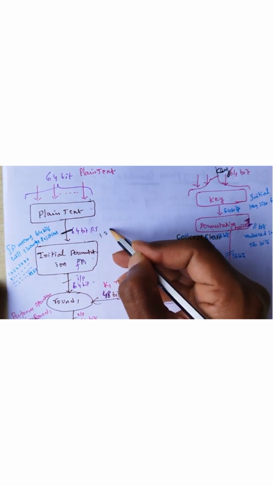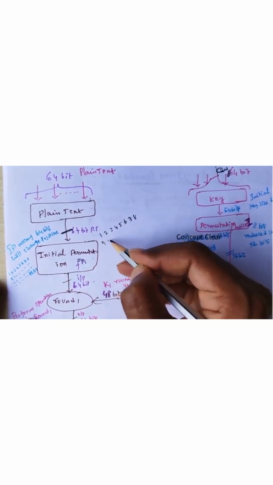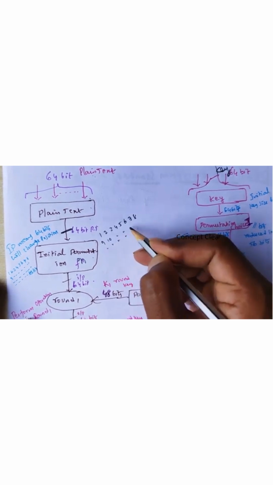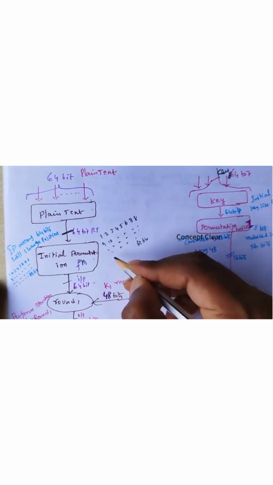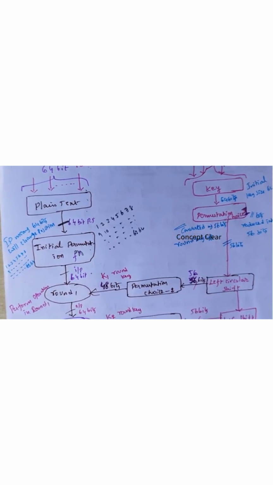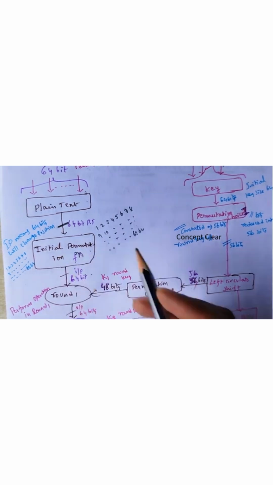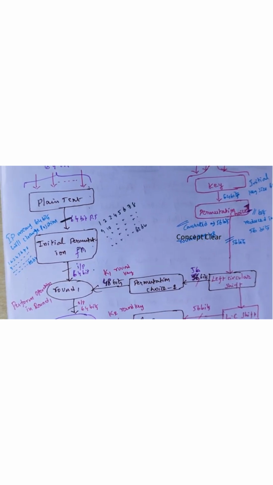For example, bits will be like this: 1, 2, 3, 4, 5, 6, 7, 8 and next 9, 10, up to the last ones, 63, 64. These bit positions will be changed in the initial permutation. How it will be changed, I will explain at the end of this topic.